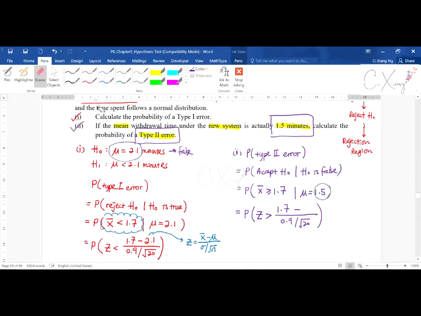I should put in this new value, which is 1.5. So you have to use the new value of mu given in the question. Then you will have Z greater than 0.994. Then you continue with the calculation by finding the value from the table, and you will get 0.1601.